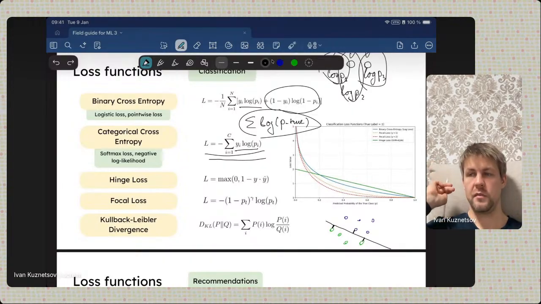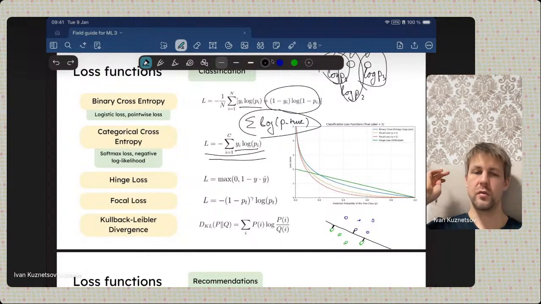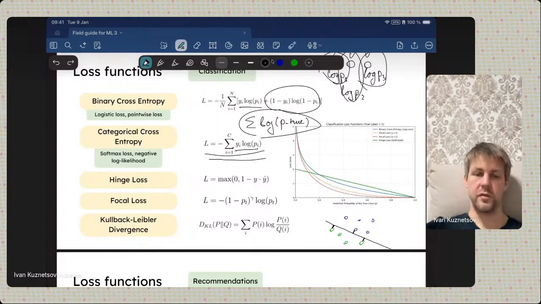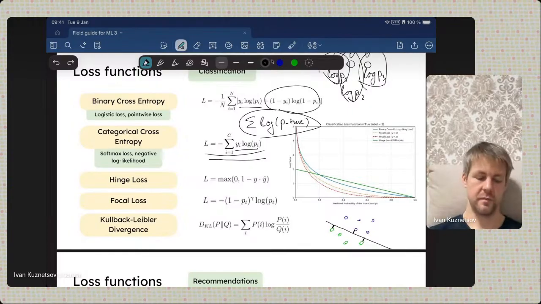Yes, variational autoencoders, I think, are one of the cases when you use Kullback-Leibler, because in variational autoencoders you basically predict the whole distribution, and you need to compare distributions. So there is a loss function for that.